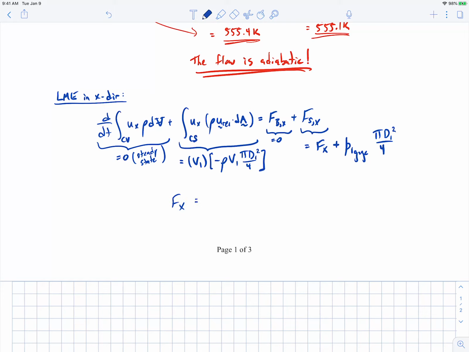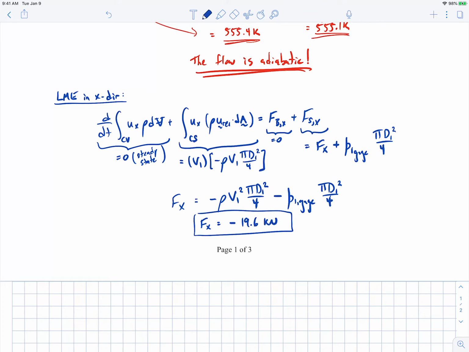So we'll have Fx is equal to minus rho v1 squared pi d1 squared over 4 minus P1 gauge times pi d1 squared over 4. All right, so that will be our force on that side. And we can plug in the numbers for that. If we do that, I ended up getting minus 19.6 kilonewtons when I plugged in the values.